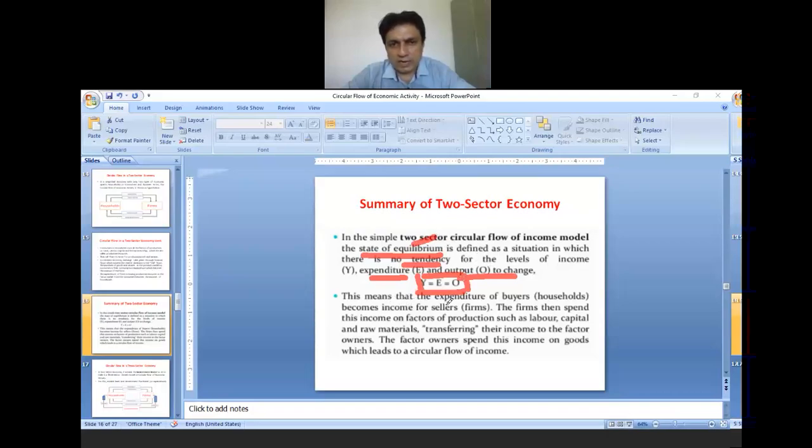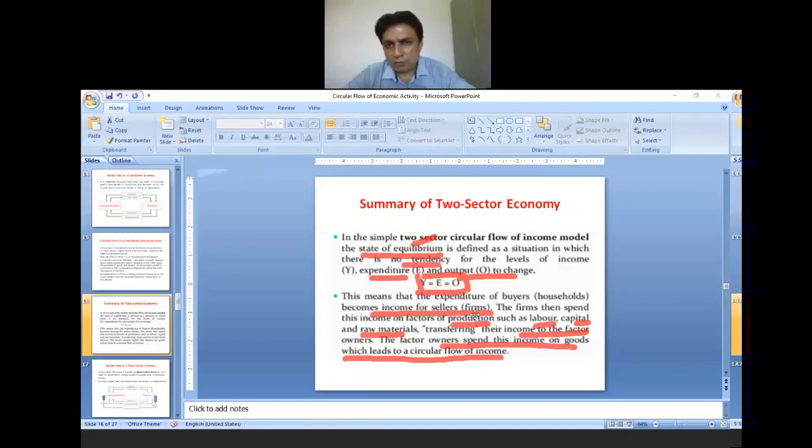So this means that expenditure of buyer households becomes income for the seller firms. So the firms then spend this income on factors of production such as labor, capital, and raw material, transferring their income to the factor owners. So the factor owners spend this income on goods, which leads to the circular flow of income.